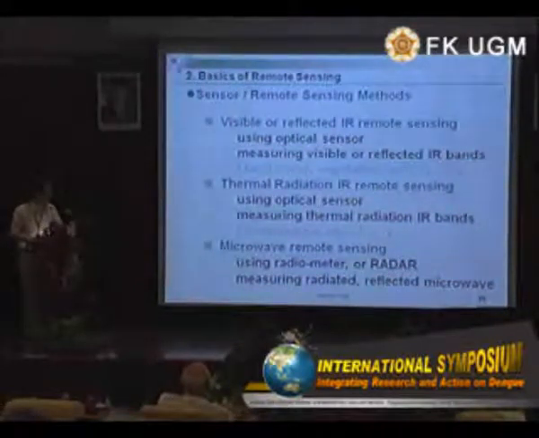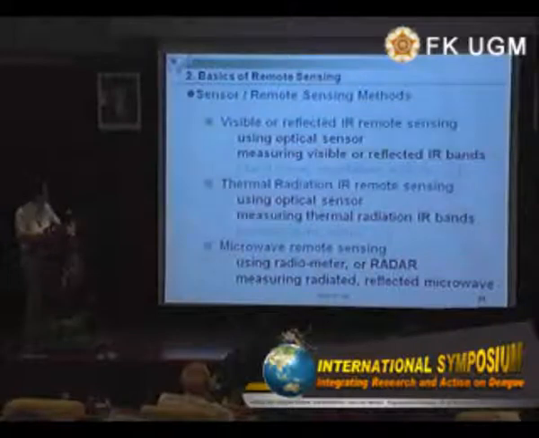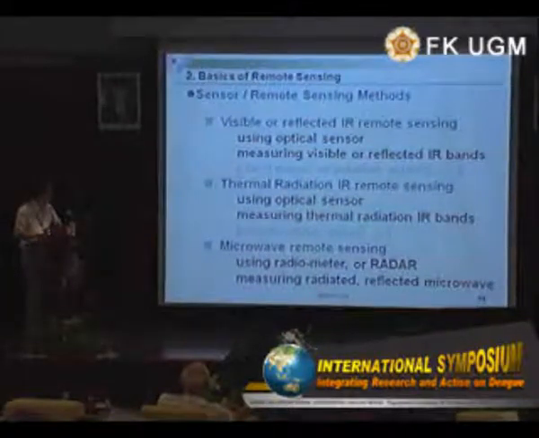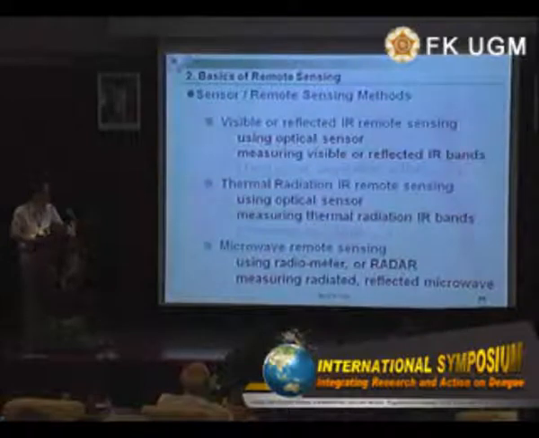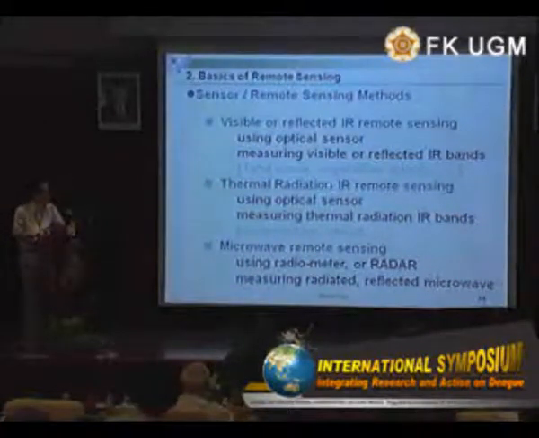The first one is visible or reflected IR remote sensing, the second one is thermal radiation infrared remote sensing, and the last one is microwave remote sensing.